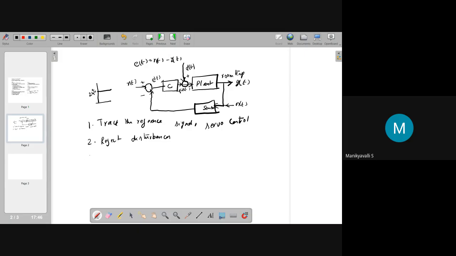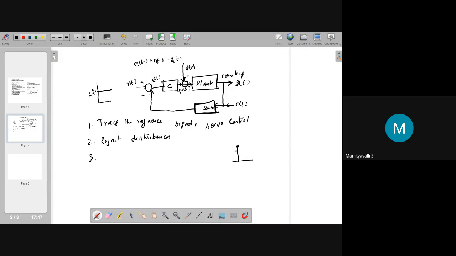Another use case of control design is when the plant by nature is unstable. Stable means that if you give a bounded input, you get a bounded output. Suppose you consider an inverted pendulum, with the pendulum on a base. If you give it a small push, it will fall down.